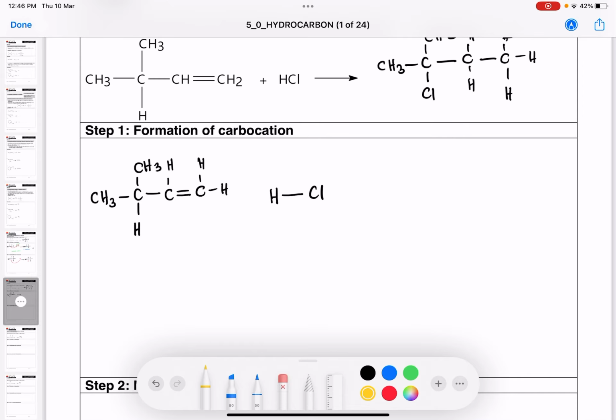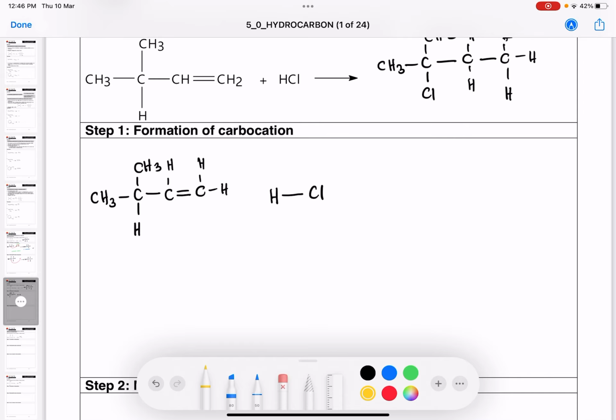So, in the first step, as you can see, an electrophile is added to the alkene, and that is why we call this reaction electrophilic addition, where the first species that has been added to the double bond is electrophilic.